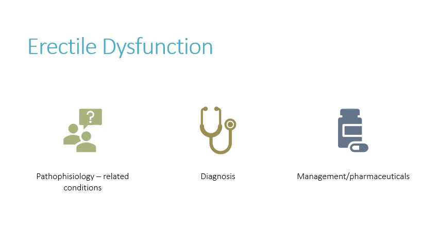So pathophysiology is important here. I want you guys to know that erectile dysfunction a lot of the time is a reflection of what's going on in the body. So it can be related to cardiac conditions, or it can be related to diabetes. So it's always a good idea to check at least those labs, like blood glucose and lipids, and see where the patient is standing there, because it can be a reflection of those.